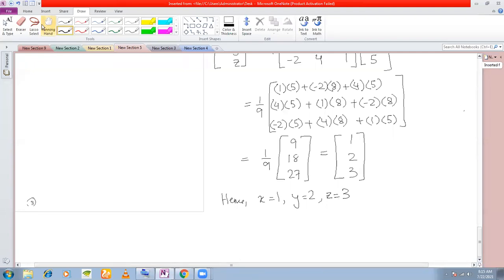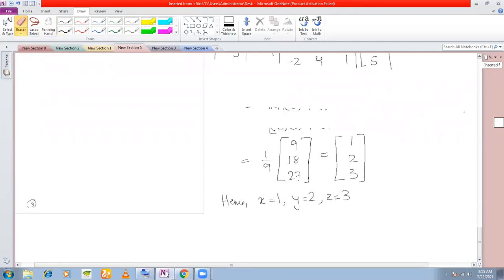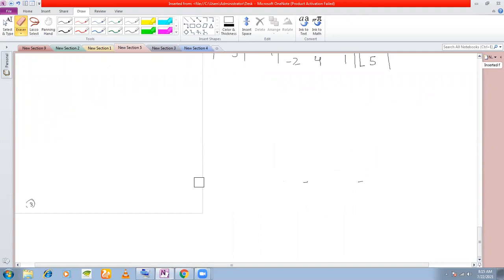Moving on to the next problem, which is also a similar problem, but there's a small twist in the problem.